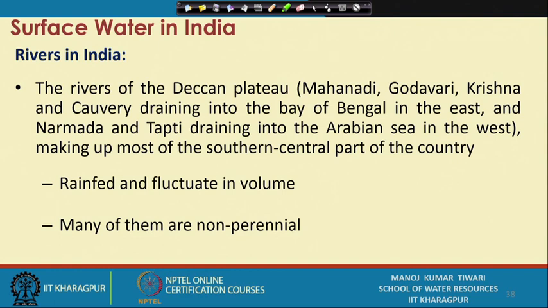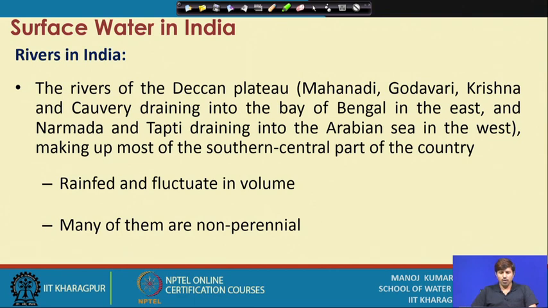The other type of rivers are the ones that arise from the Deccan Plateau. There are plenty of rivers in this group. The major ones include Mahanadi, Godavari, Krishna, Kaveri, which drain eventually into the Bay of Bengal in the eastern part of the country, while there are other major rivers like Narmada, Tapti, which drain into the Arabian Sea in the western part of the country.